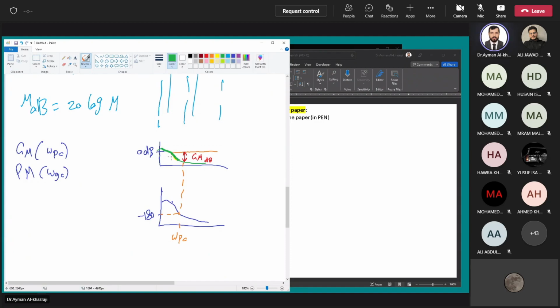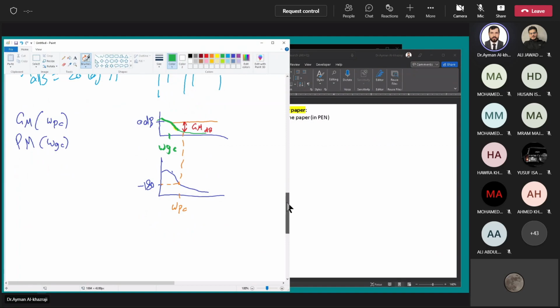Suppose this one is here. Here, this is the phase crossover. What do we call this one? Gain crossover frequency. So I find the phase angle here. This is not exact, but it is supposed to be something below, so it can be added. So this is a classical way.